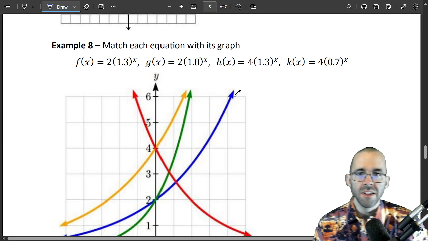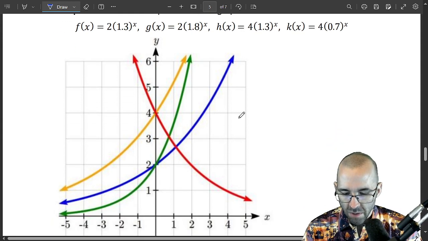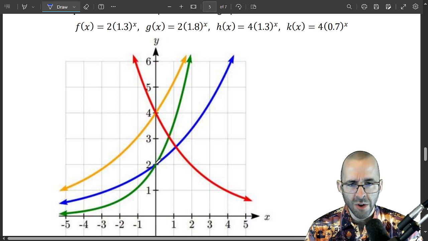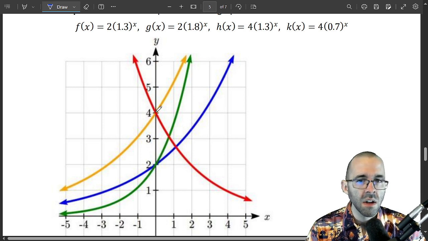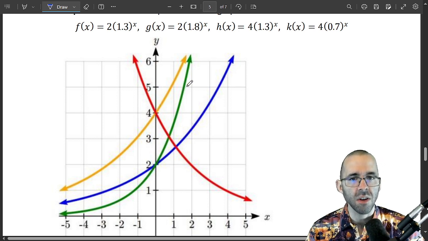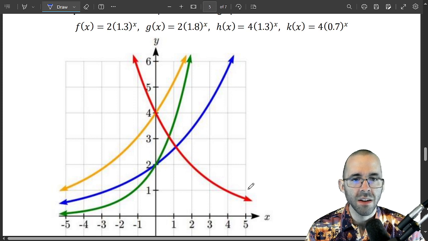So color overload, let's match each equation with its graph. So, okay, let's look at these pictures first. What do these pictures look like? So these two, green and blue, are both exponential growths, but they have the same starting value, but one's growing faster. These two have the same starting value as well. Oh, one's decay and one's growth. So actually 3 of these graphs are growth and one of them's decay. So maybe we'll start by finding out, well, which one's the decay one?